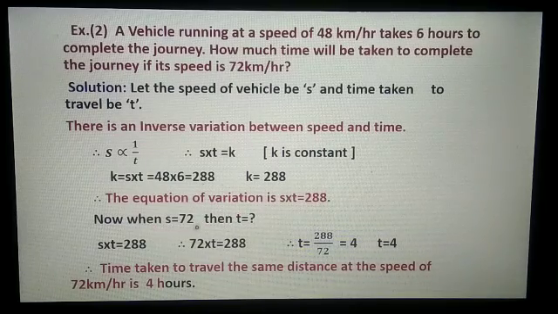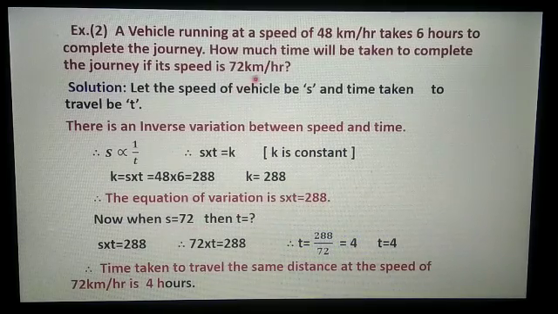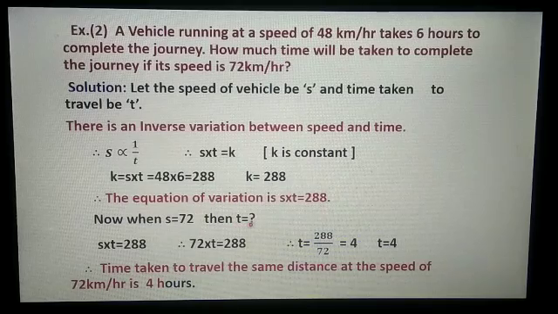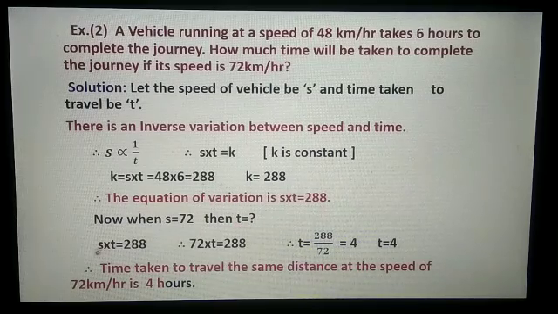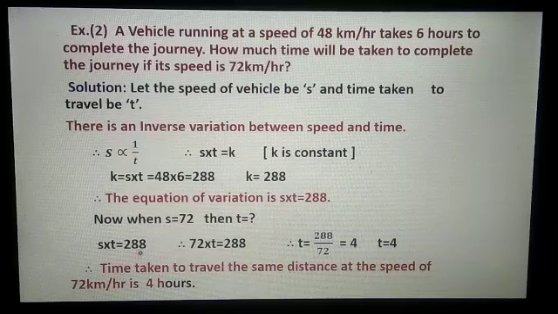When s is equal to 72, s means what? Speed. So speed is given as 72 km per hour and time is asked. So when s is equal to 72, then t is equal to what? That is question mark. So again put the equation s into t is equal to k, where k is 288. Already we had found it. So now put the value for s also.